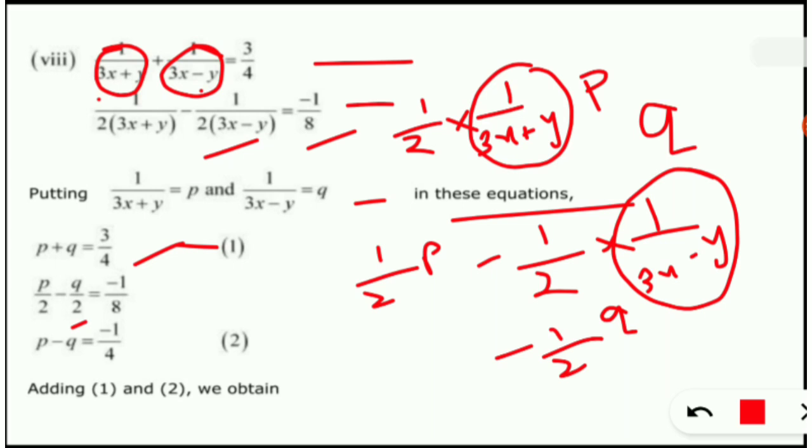So p minus q equals 1 by 4. This is equation 2.